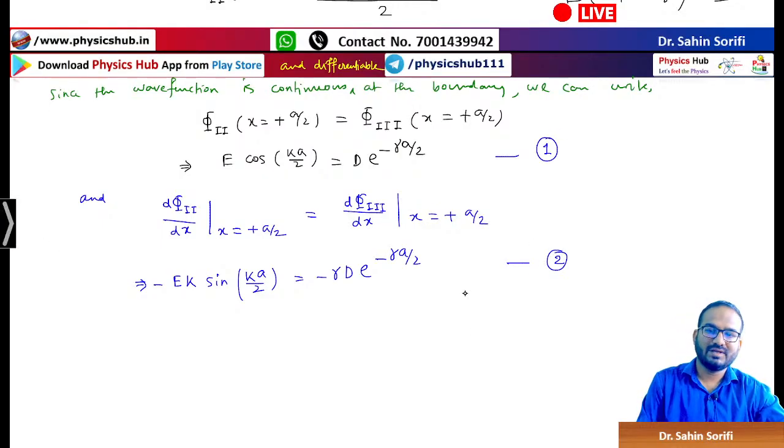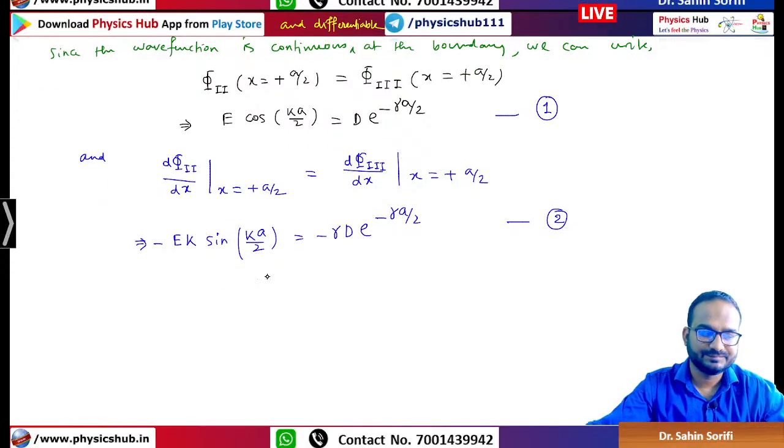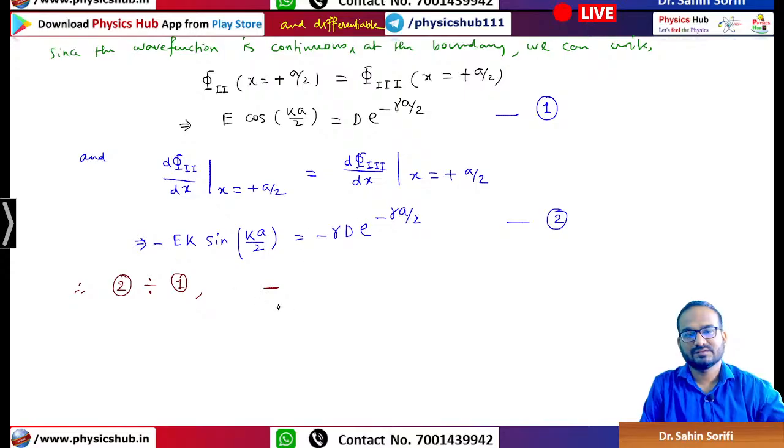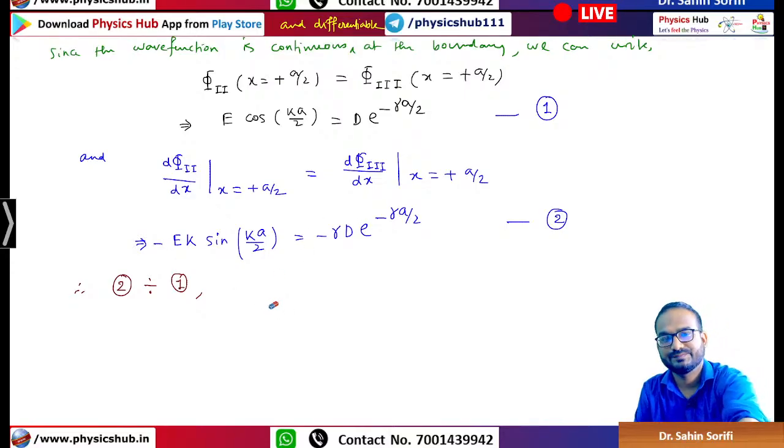What will happen if you divide equation 2 by equation 1? You get sin(ka/2) by cos(ka/2), that is tan(ka/2). E gets cancelled. So minus k, and minus minus is cancelling, so there is no minus sign.